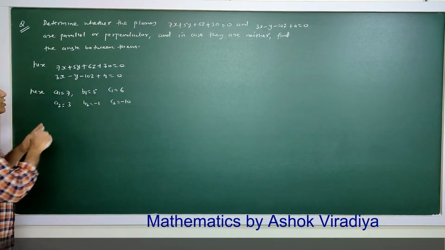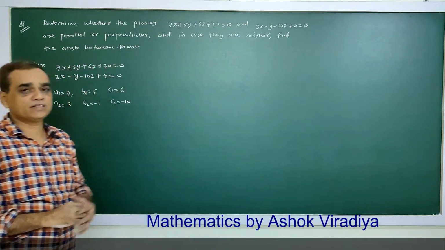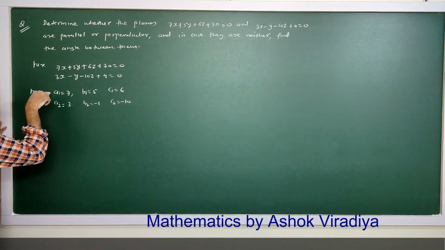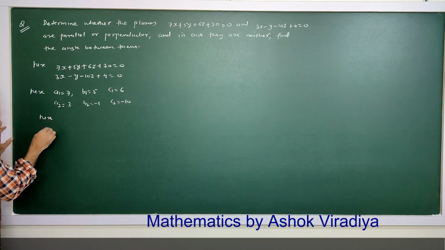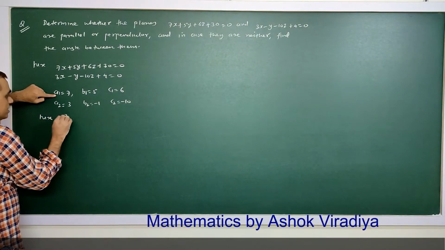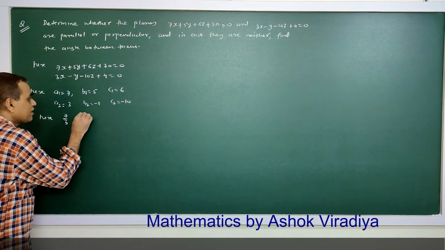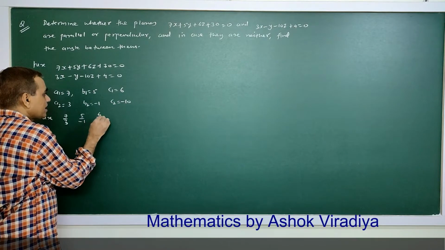These are the direction ratios of the normal to the second plane. Now we check the ratio of these direction ratios. So see here, A1 by A2 is 7 by 3, B1 by B2 is 5 by minus 1, C1 by C2 is 6 by minus 10.